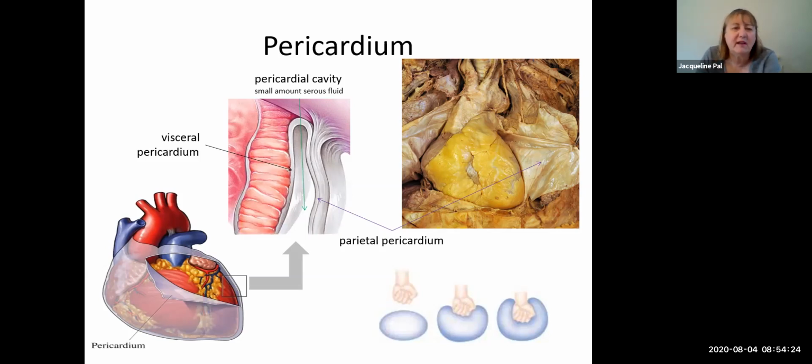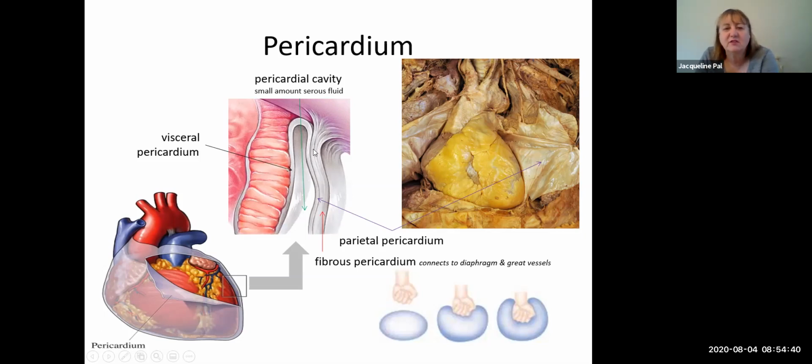Now, I want to point out something else. If you look at the drawing where we have the visceral and parietal pericardium, you will see this third layer right here, which is attaching to this blood vessel up there. And this layer is the fibrous pericardium.